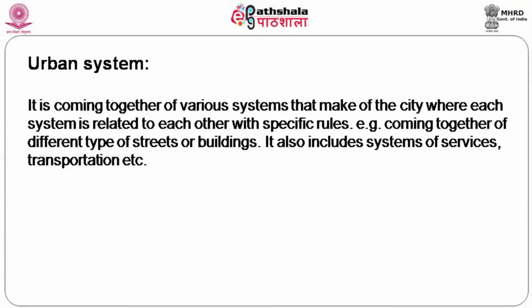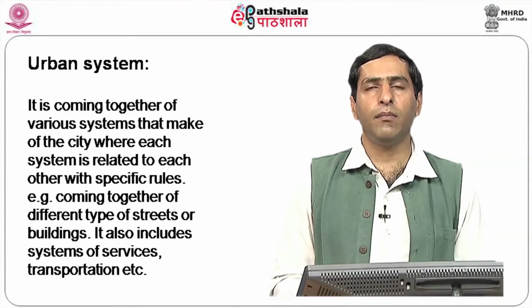So, what is an urban system? Now, an urban system is a coming together of various systems that make the city. The system could be infrastructure, whether it is the manner in which the roads are laid out, or the manner in which the mobile towers are laid out, or the services are laid out, or the manner in which your electricity is supplied.